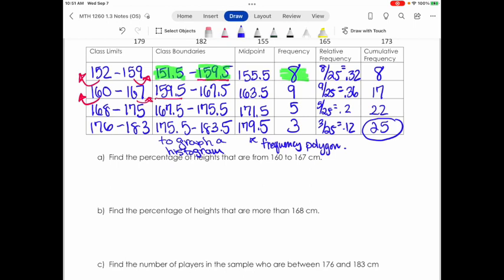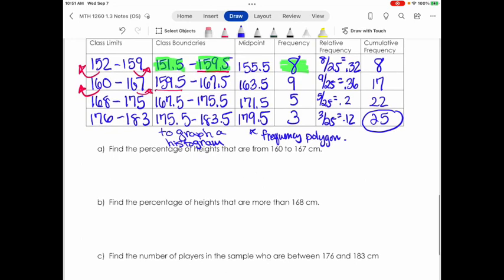Now we can use this chart to later make graphs, which we'll get into in chapter 2, but we can also use it to answer some basic questions because the data is organized now. So in part A, it says find the percentage of hikes that are from 160 to 167 centimeters.